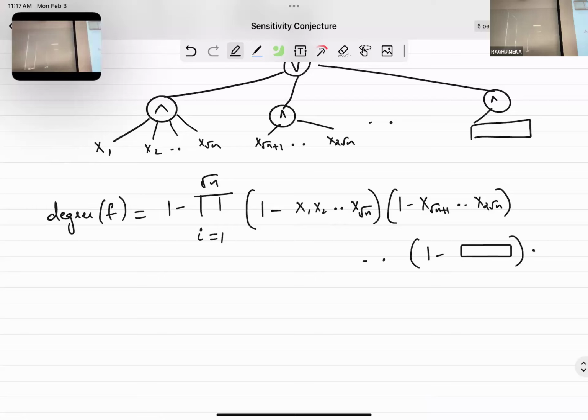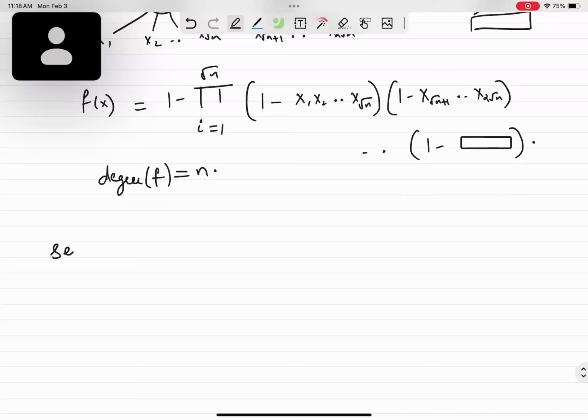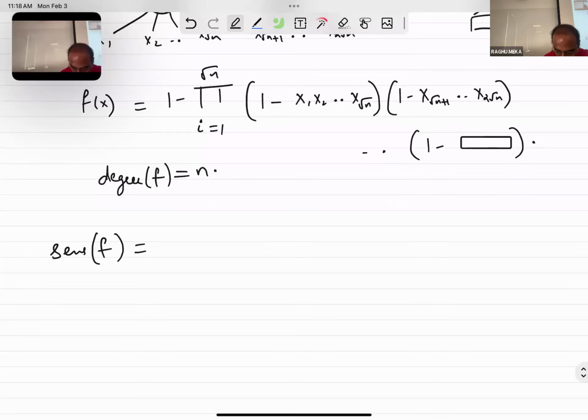If any of those is 1, this whole thing becomes 0, so you get 1. And if everything is 0, then you get 0. Okay. If you expand it out, you have root n, root n, root n. So all of those things multiply and you get exactly n as the degree. Okay. So f of x equals this. So the degree of f is actually n. You want to remove the product.